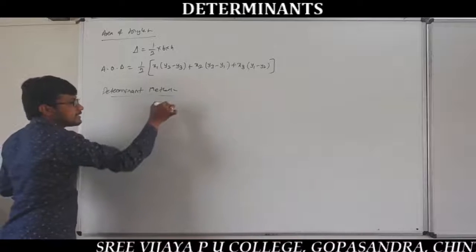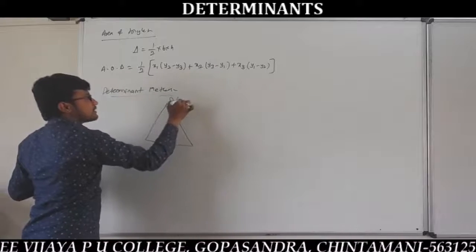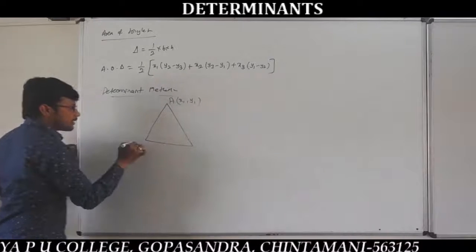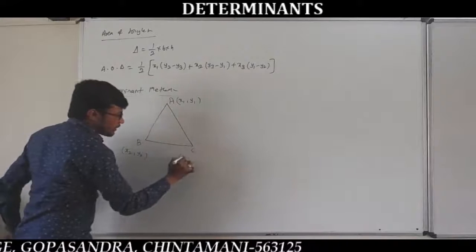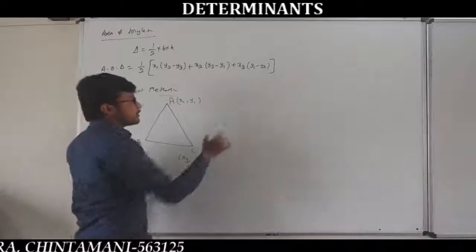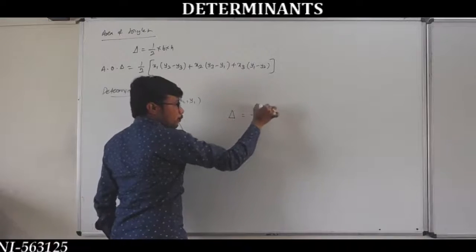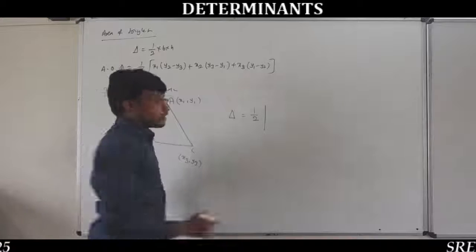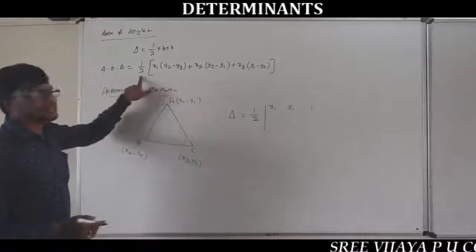So let us take up 3 points, 3 vertices, A of x1 y1, B of x2 y2, C of x3 y3. So by using determinants to find the area of triangle, delta equals to 1 by 2 times the determinant of x1 y1 1, x2 y2 1, x3 y3 1. So this is half as it is, right?